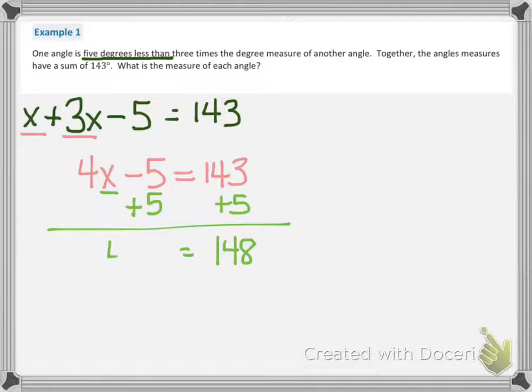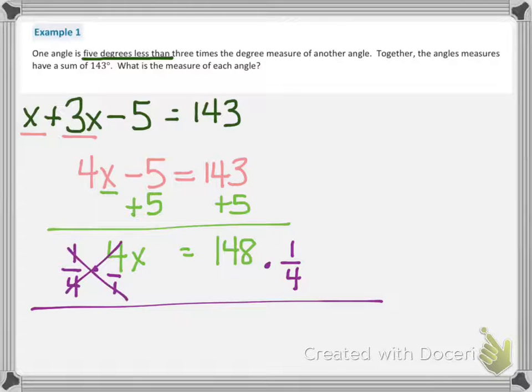On the left side I have 4x, and this is where I will undo multiplication with division, or what I would suggest is multiply by reciprocal. The reciprocal of 4 is 1/4. Multiply both sides by 1/4, and so the 4's cancel, the 1's cancel, you get x equals 148 divided by 4. 148 divided by 4 is 36.